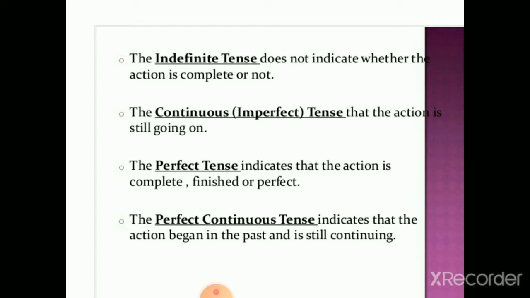Perfect means the action is completed, finished, or perfect. The perfect continuous tense indicates that action began in the past but still is in continuity.